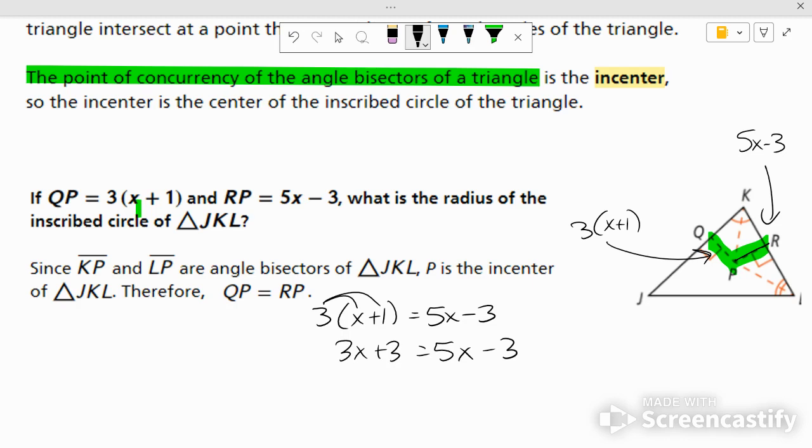Which variable do I move first, Alistair? Or, excuse me. Morning, Caden. How are you doing, Caden? All right, Ember, which variable should I move first, the 3x or the 5x? The 3x, we want to subtract 3x first. So we get 3 equals 2x minus 3.